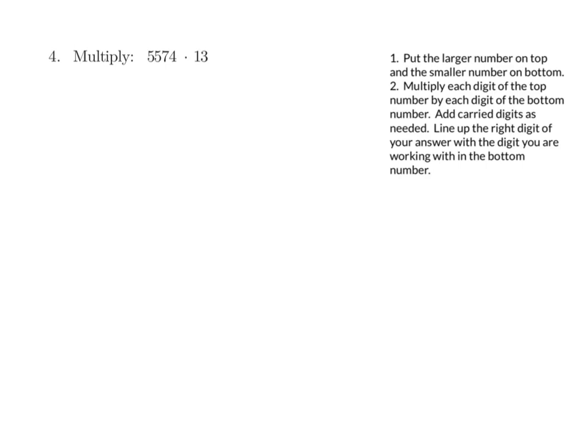Okay, let's go ahead and talk about multiplication. To multiply, I'm going to put my larger number on top, and my smaller number on the bottom. Just like with addition and subtraction, we're going to anchor to the right.